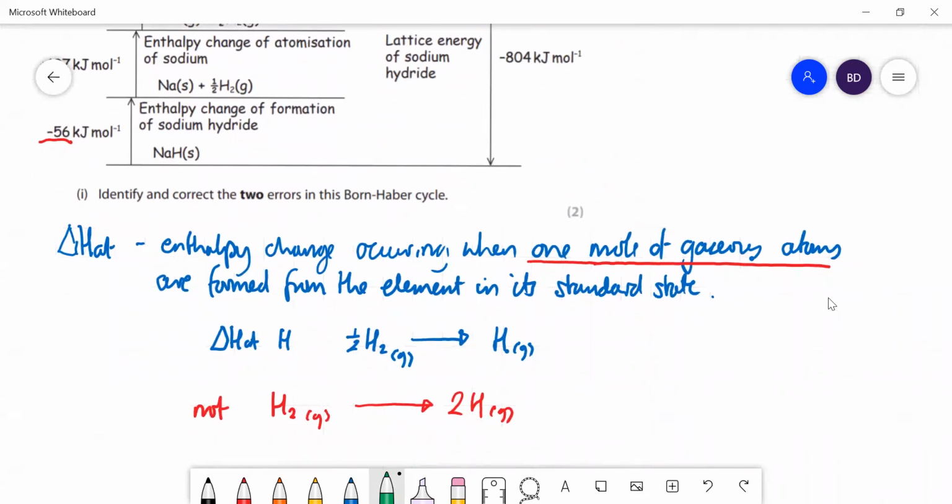Delta H atomization is defined as the enthalpy change occurring when 1 mole of gaseous atoms is formed from the element in its standard state. Here you're not forming 1 mole of hydrogen atoms, you're forming 2 moles. So that's not it.